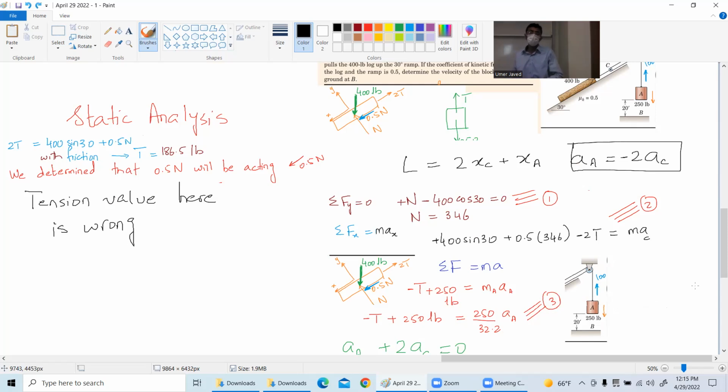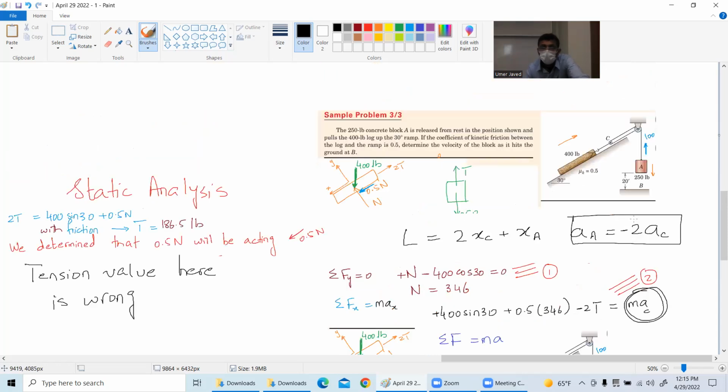And just to be clear on one thing, there are a lot of students right now who are thinking like this. I will finish this question on this remark. They are saying that you wrote MAC here, but the AC is going up, right? And your positive direction is this. How can you write it as MAC when it is acting up? The answer to this question is that, do you see this AA equal to negative 2AC?